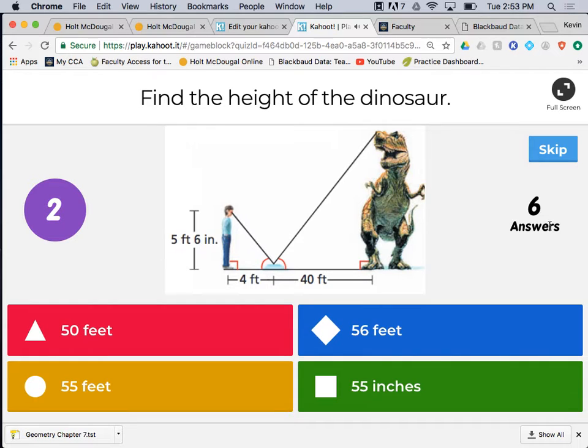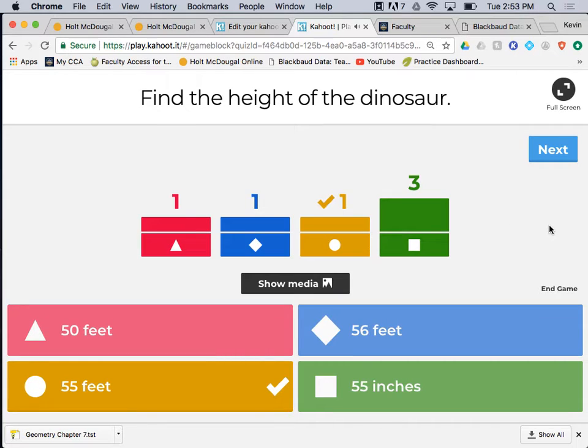So H equals 480 over 48, which is 10. I multiply both sides by 66 and I get 660. In order to get it in terms of feet, I divide that by 12 and I get 55 feet. Does that make sense? How come you put inches instead of feet? I got it right, but I put inches instead.